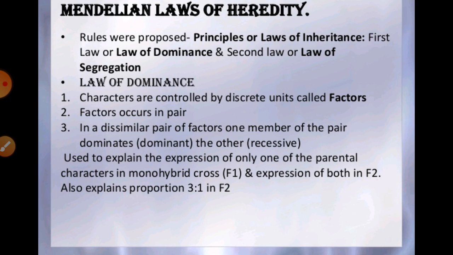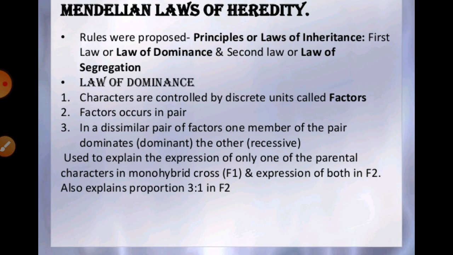The law of dominance states that characters are controlled by genes which occur in pairs, and when two alternative forms of the trait, or genes, are present in an organism, only one factor, only one gene, can express itself.